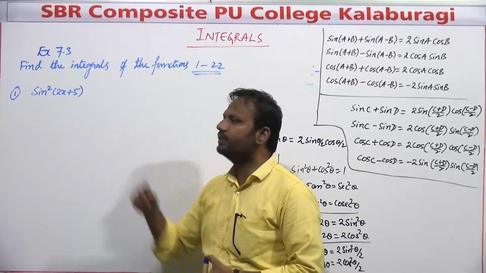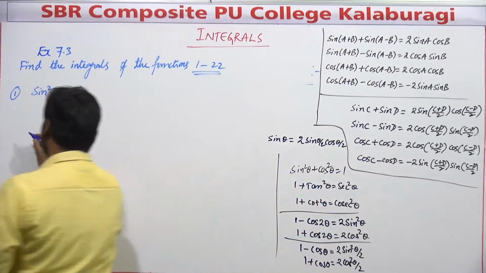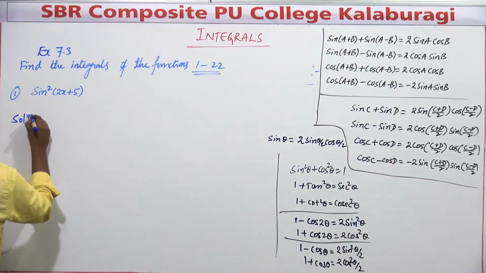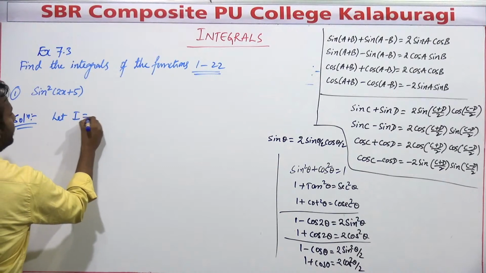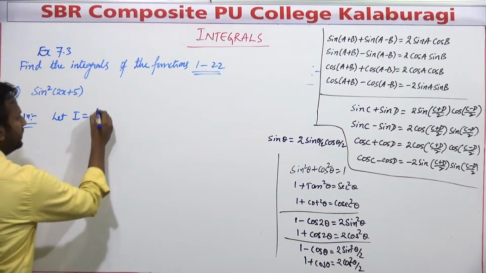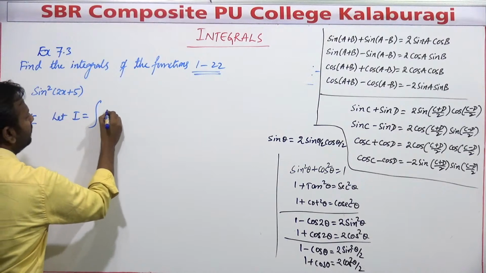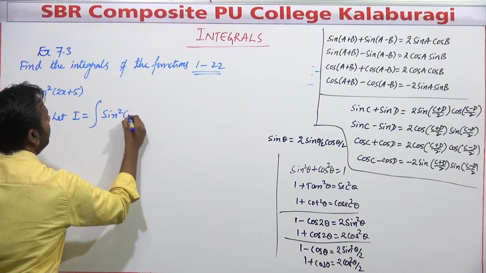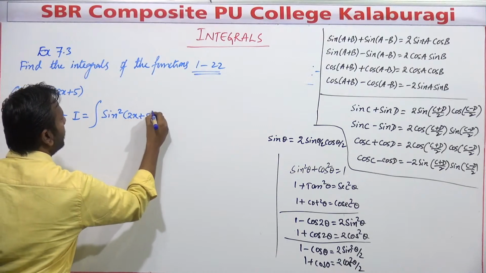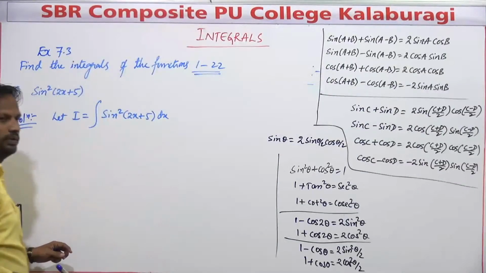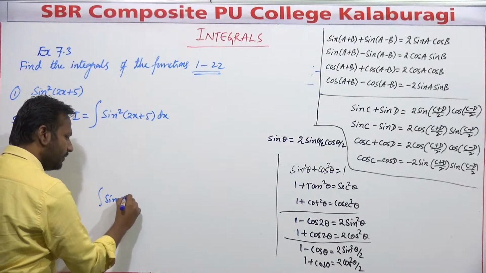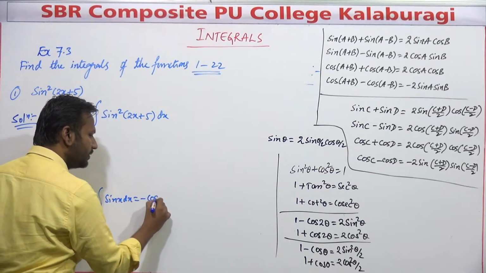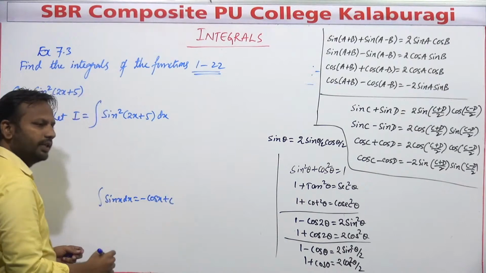So now if you see the integrand here, whatever it may be, consider it as I. I told you, whatever the question may be, consider it as I. So integral of sine square of 2x plus 5, right? As we know, if we have only sine x, integration will be minus cos x.